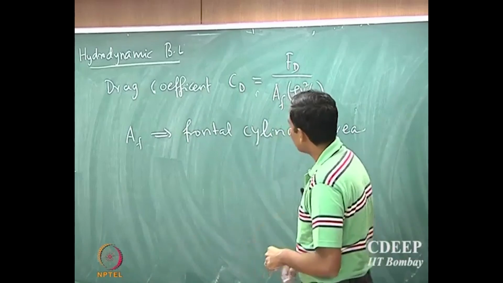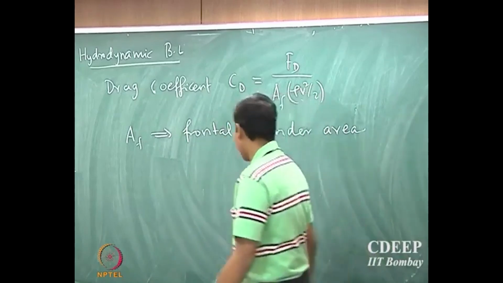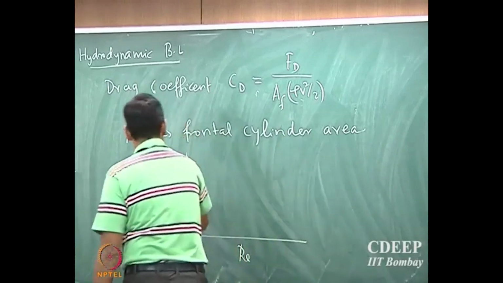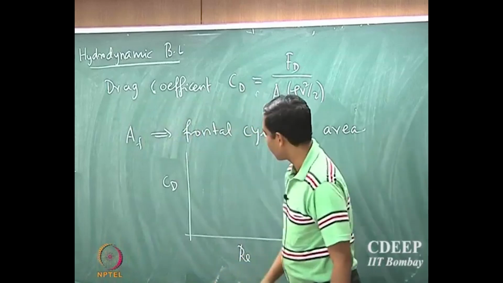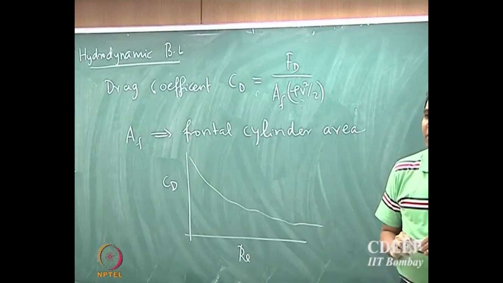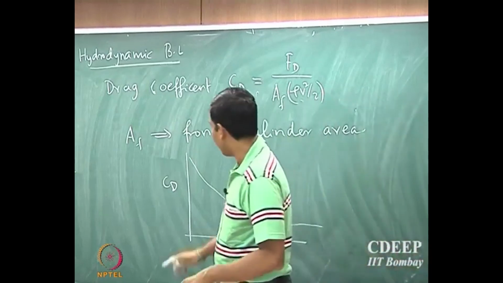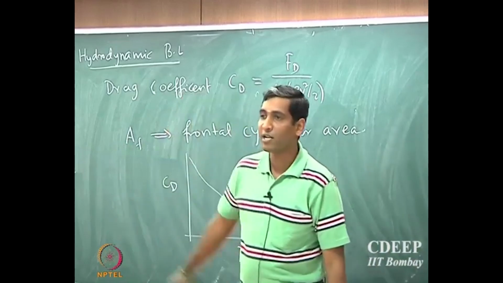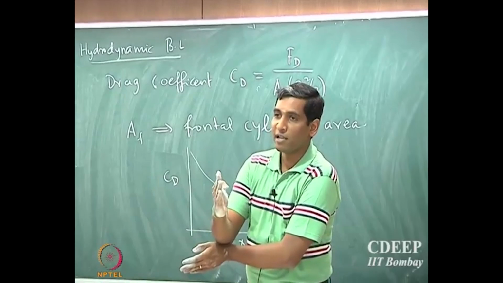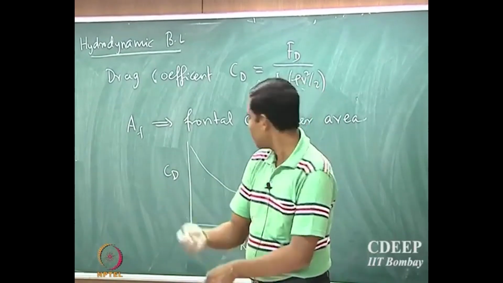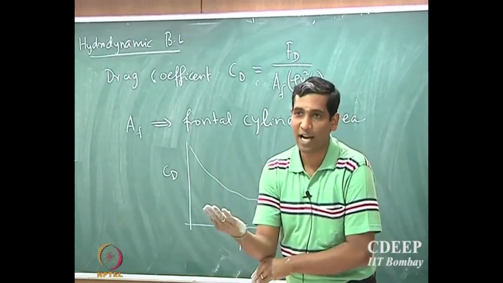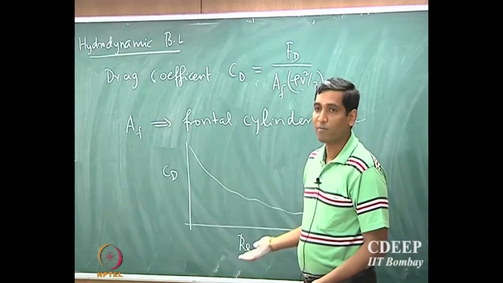Based on that the drag coefficient is defined, and if I look at the drag coefficient as a function of Reynolds number, it's a decreasing function, and the reason is very simple. Remember that under laminar conditions, the separation occurs at a much smaller angle, and there the drag is much higher, and at turbulent conditions because the velocity is much higher, the drag is not that high, and therefore the drag coefficient is much smaller.